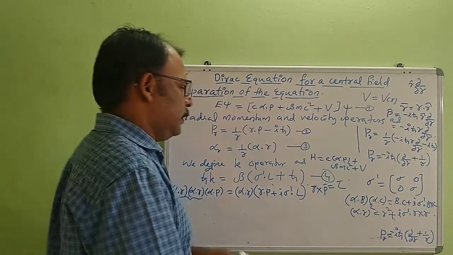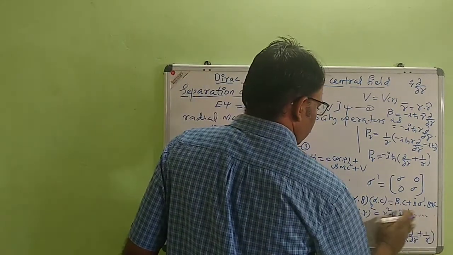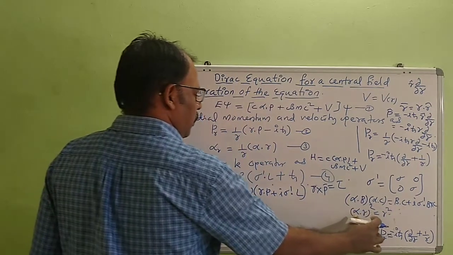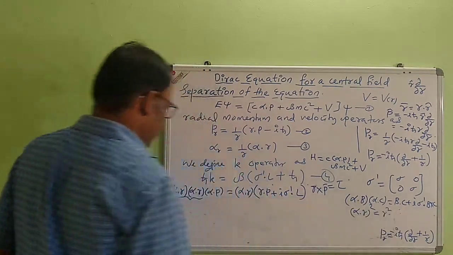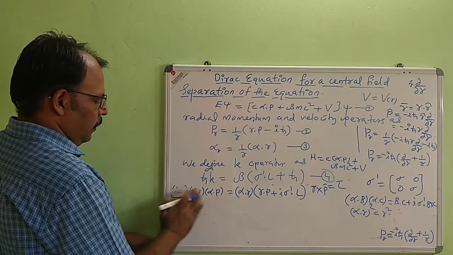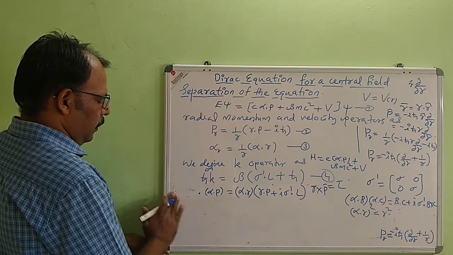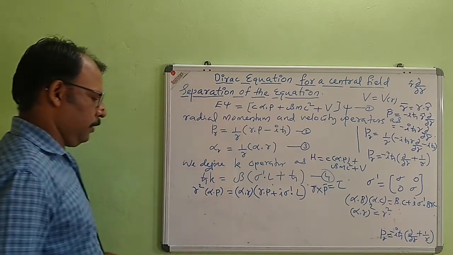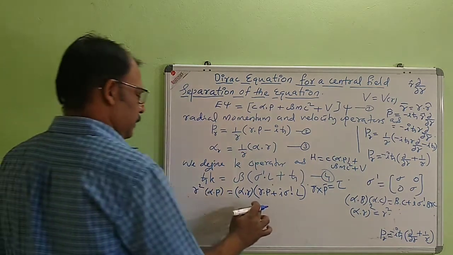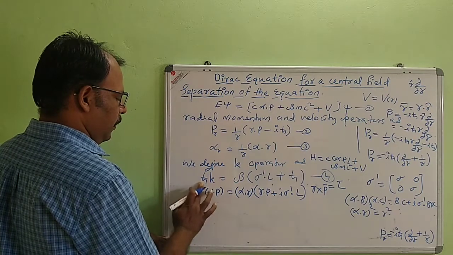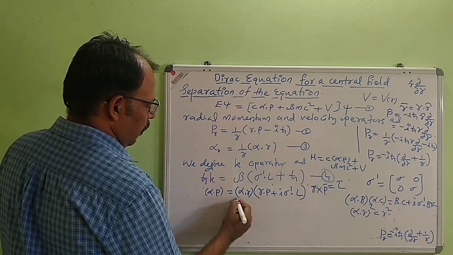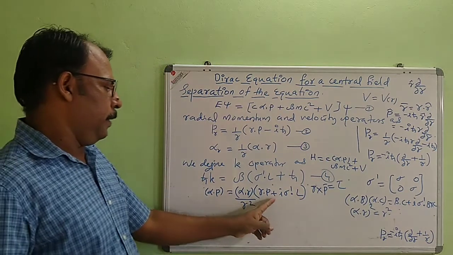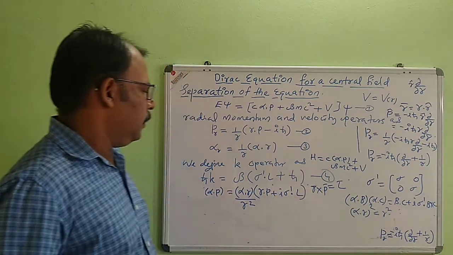Since they commute, we can write R cross R as 0, so this term will be 0. Alpha dot R into alpha dot R is the same as R squared. So when I take this R squared to the right hand side, we have alpha dot P equal to alpha dot R by R squared into R dot P plus I sigma prime dot L.